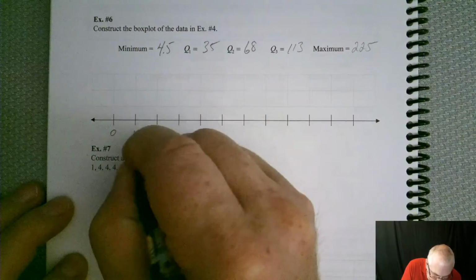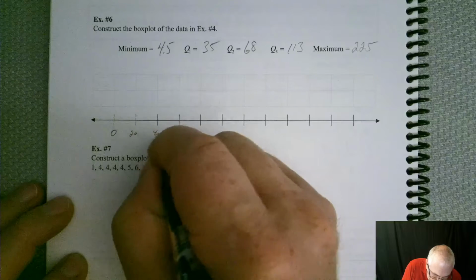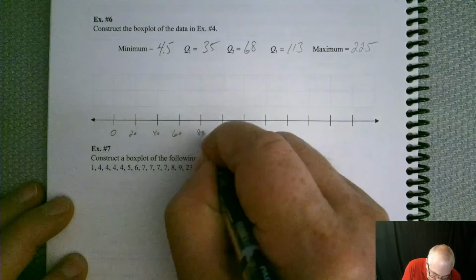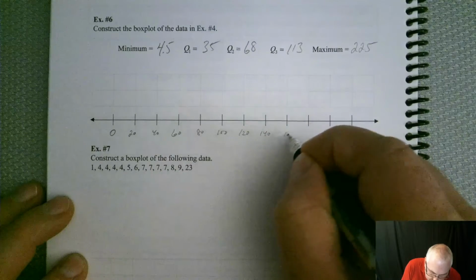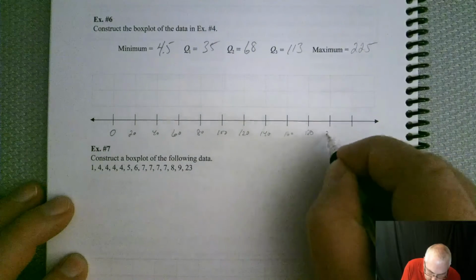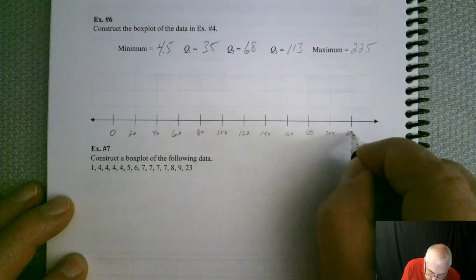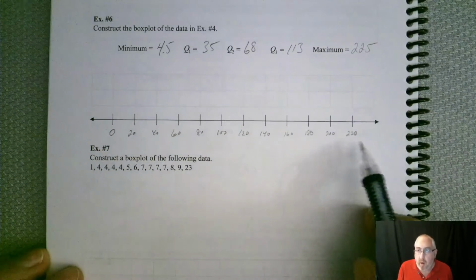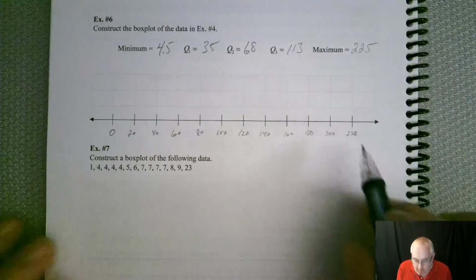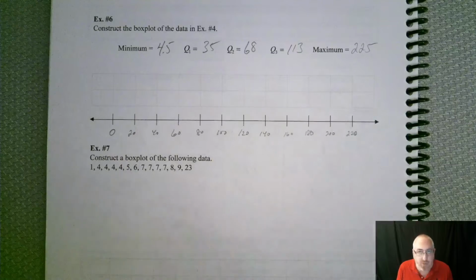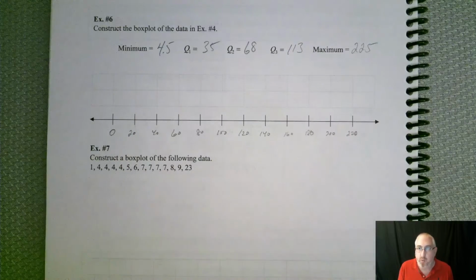So if we wanted to start at 0, 20, 40, 60, 80, 100, 120, 140, 160, 180, 200, 220. So we are a little bit short of our 225, but we do have a little bit of extra space, so we can extrapolate where 225 should fall.